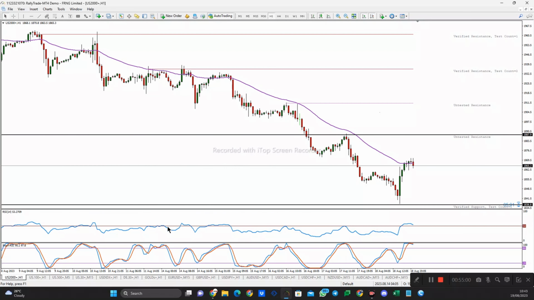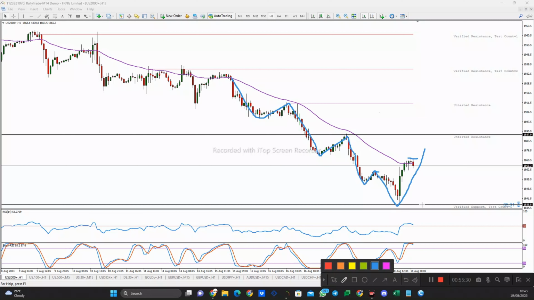Okay, now from what I'm seeing here, it's showing that it's an uptrend, right? Because you can even see that this particular high has gone above this one here. Normally this was going like this, and this high was not supposed to go above.